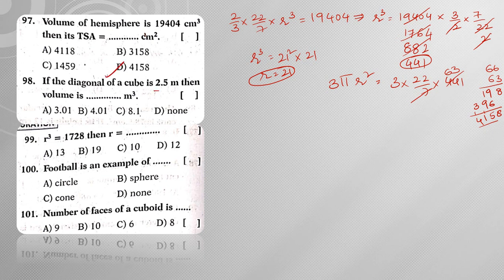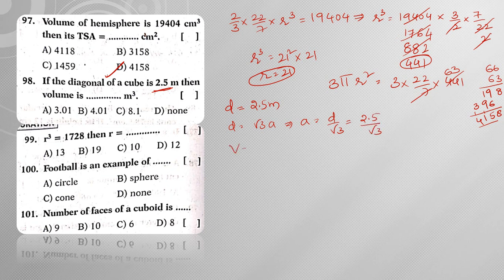If the diagonal of a cube is 2.5 meters, then volume is. So diagonal of a cube is 2.5 meters. So already we know diagonal is equal to root 3 times of A. So from this A is equal to D by root 3, which I can write as 2.5 divided by root 3.